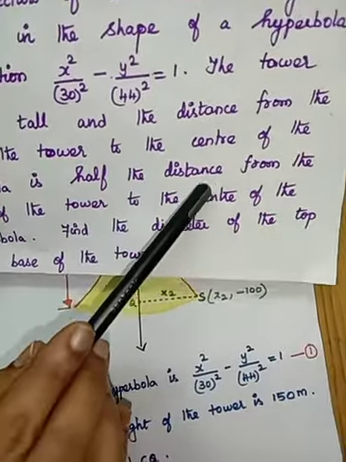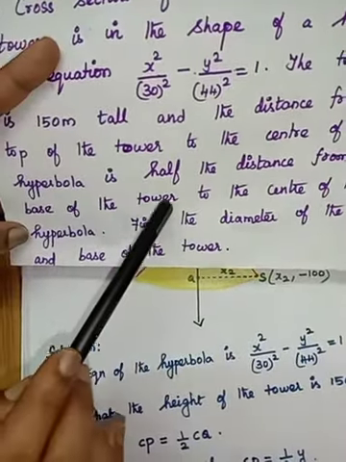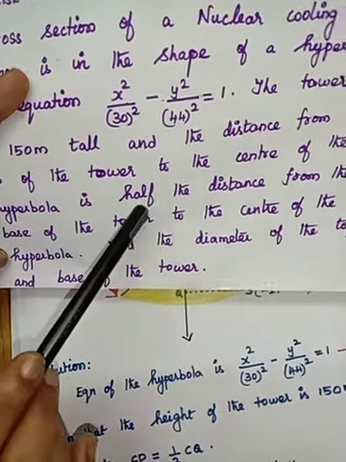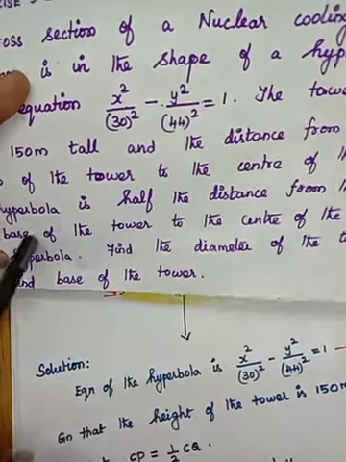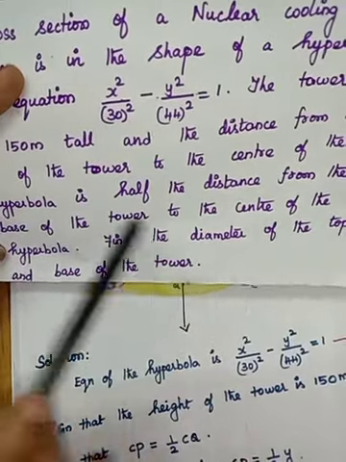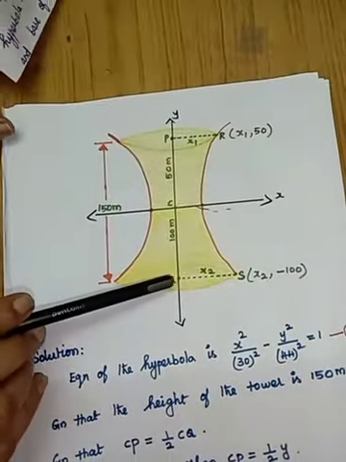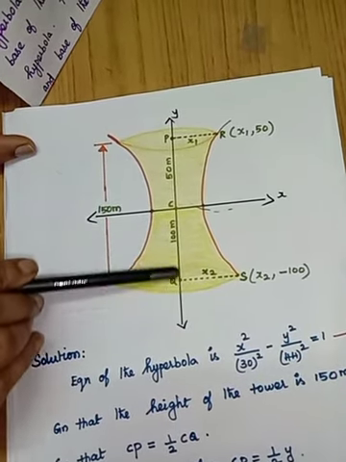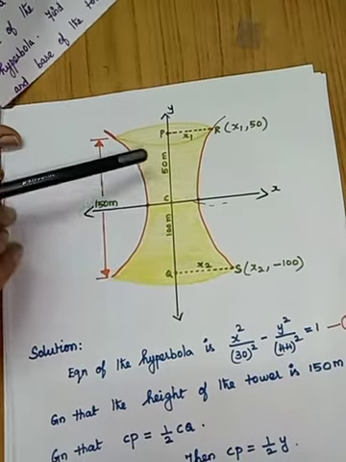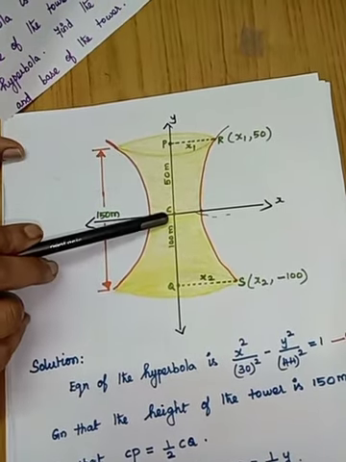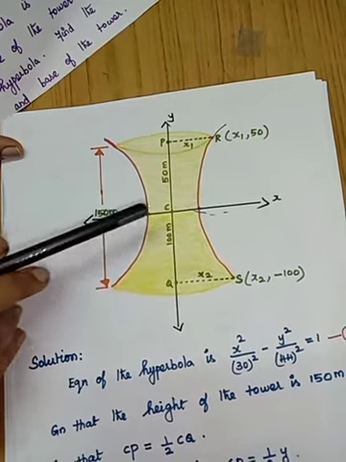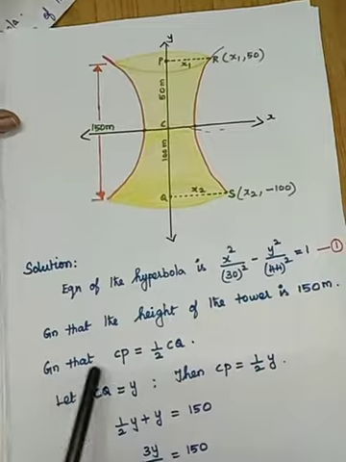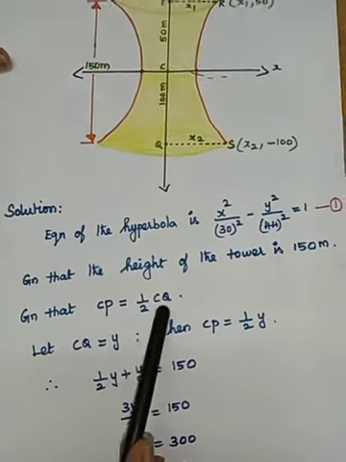Half the distance from the base of the tower to the center of the hyperbola. So this is the base of the tower, Q. So the distance CQ, how is it? What is given? CP is equal to half of CQ.